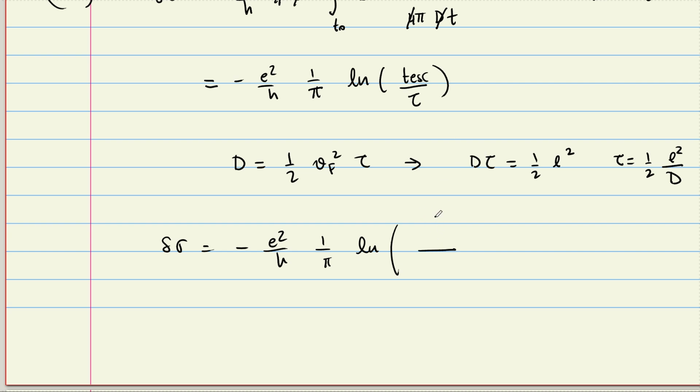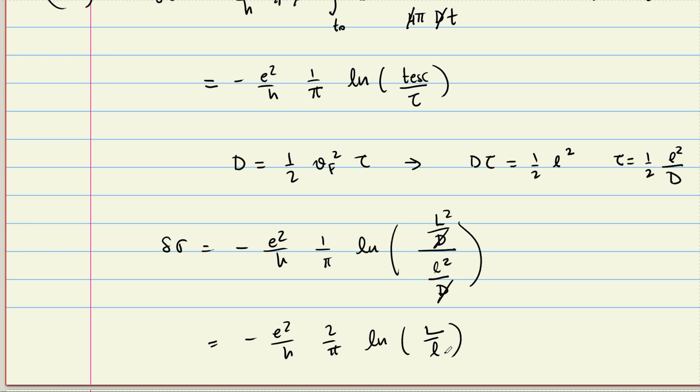So this is L squared over D. Tau is, let's forget these factors, they are not important. L squared over D. Cancel this D with that. And what we find here is minus E squared over H 2 over pi ln L over l. Did I get that right?